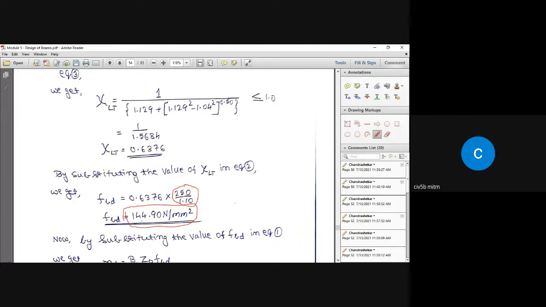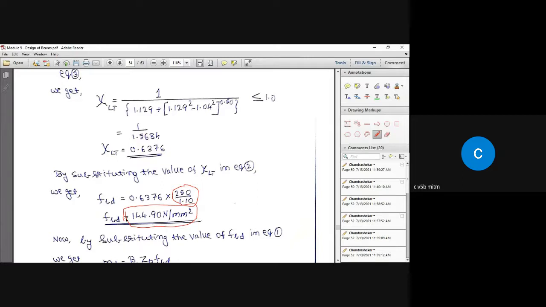Okay. That means the stress in the material is not going to reach the design strength of Fy divided by gamma MO. Instead, at the stress of 144.90 Newton per millimeter square, the beam buckles or fails. So that FBD value should be considered.